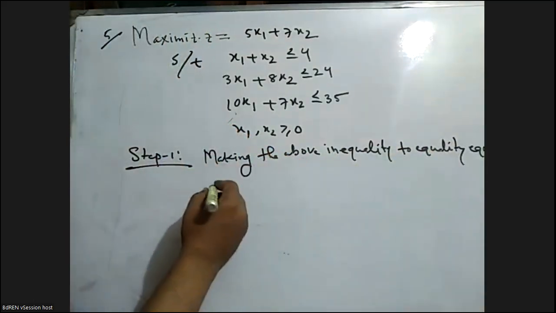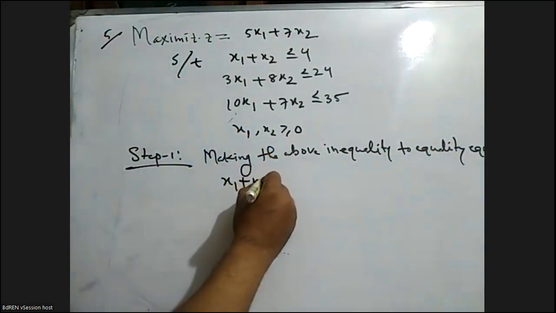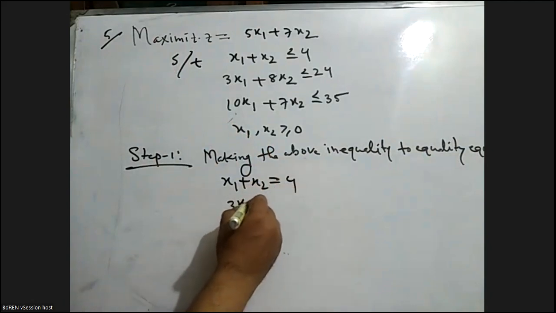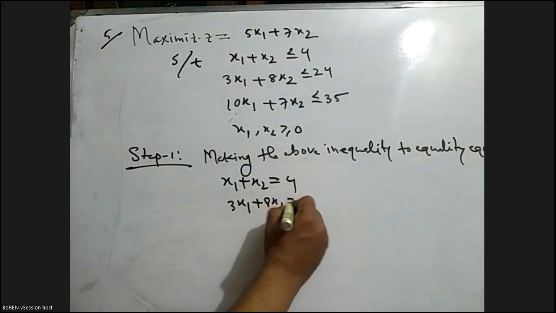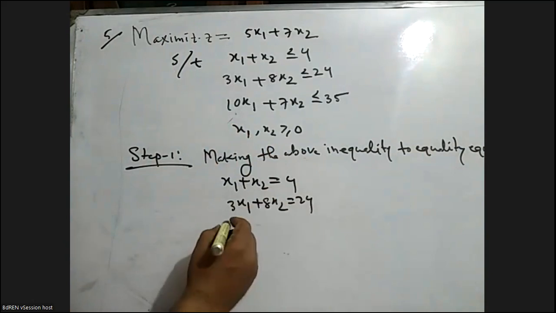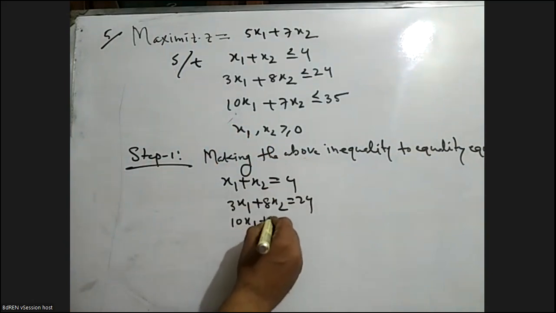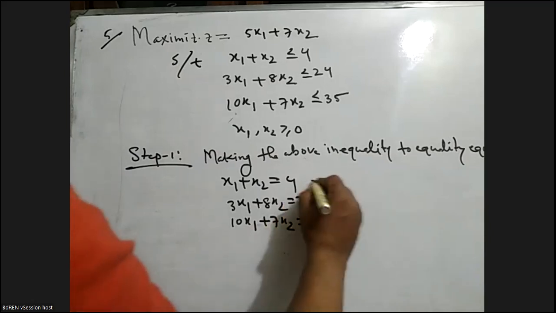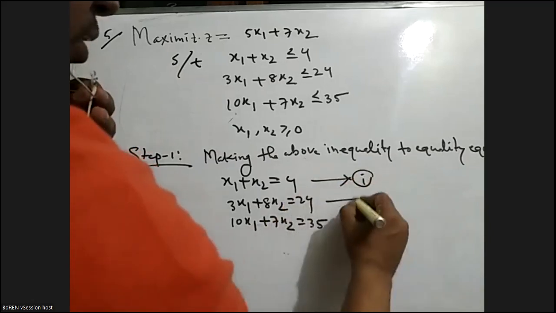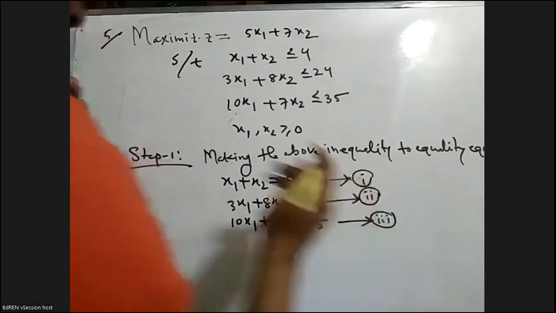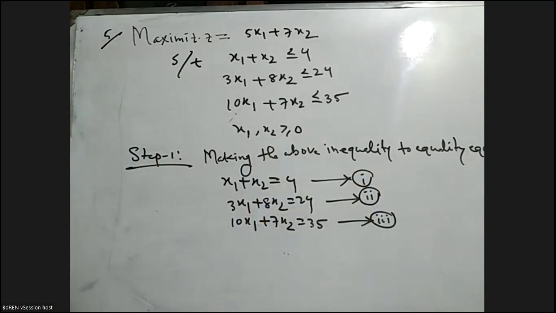So we get three equations at a time: x1 plus x2 equals 4, 3x1 plus 8x2 equals 24, and 10x1 plus 7x2 equals 35. So this is equation number 1, this is equation number 2, and this is equation number 3.